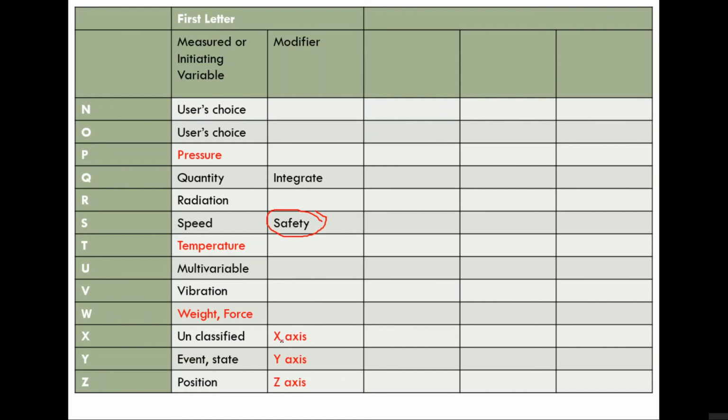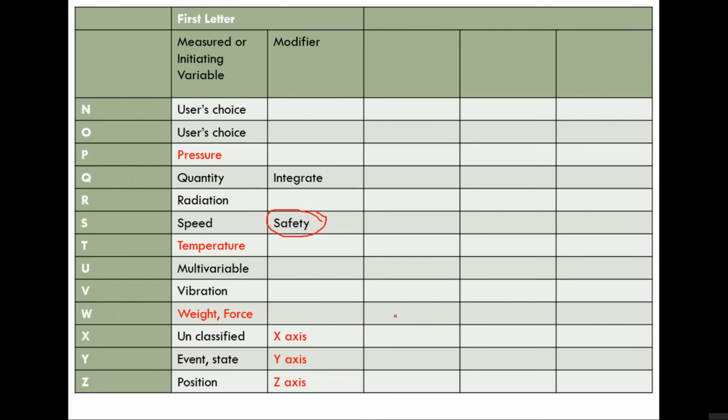Say, along with position, if you are measuring x-axis position, then we need PX, meaning x-axis position. If you are measuring y-axis position, we need to use PY. If you are measuring z-axis position, we need to use PZ.